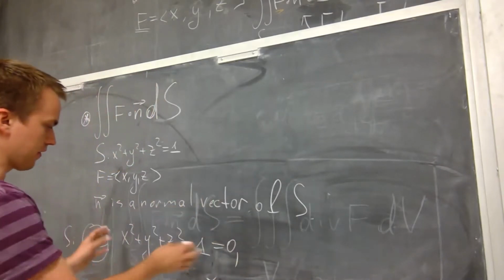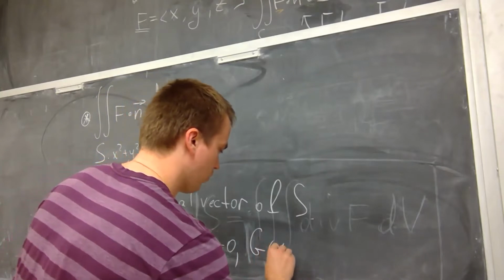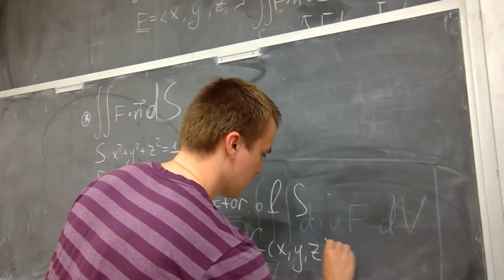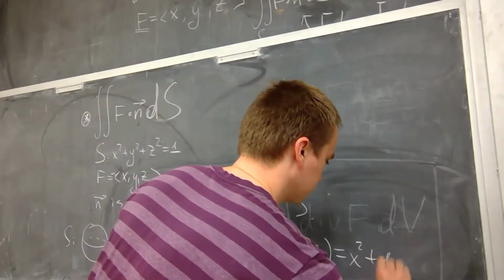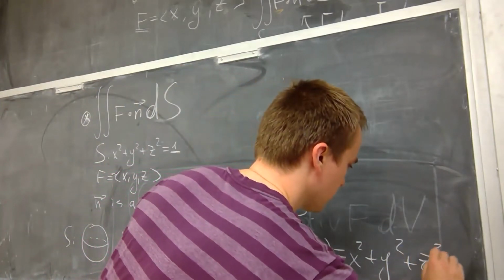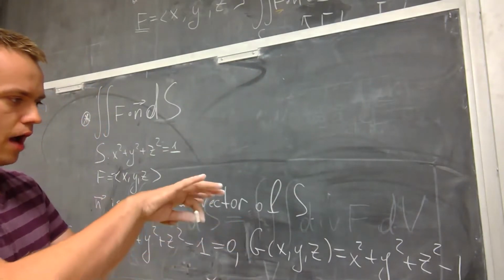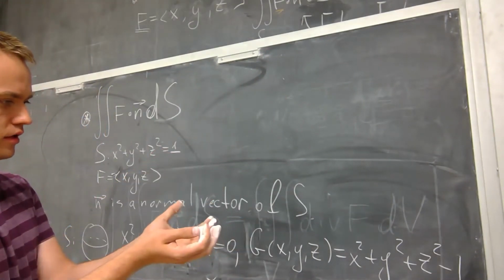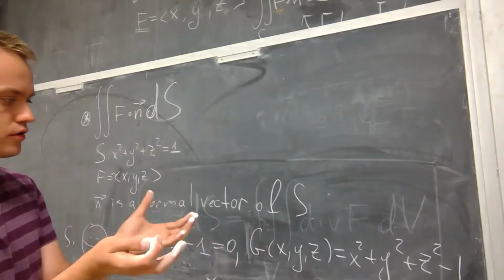And I will set the left-hand side to be equal to a function, not f, let's use g of (x, y, z), equals x squared plus y squared plus z squared minus 1. So when g equals 0, I will have a sphere with radius 1. When g equals 3, I will have a sphere with radius 2.